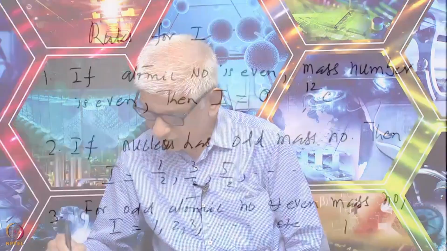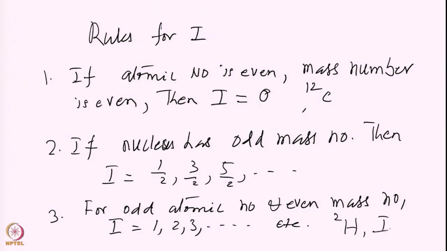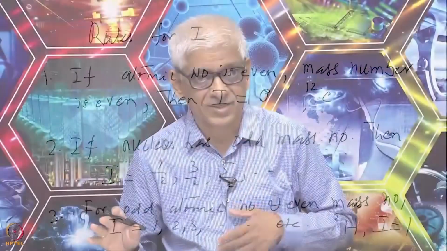Occasionally we may come across I equal to 1; deuterium for example has I equal to 1. Sometimes we may deal with deuterium as well in biological NMR. So, these are the nuclear properties.